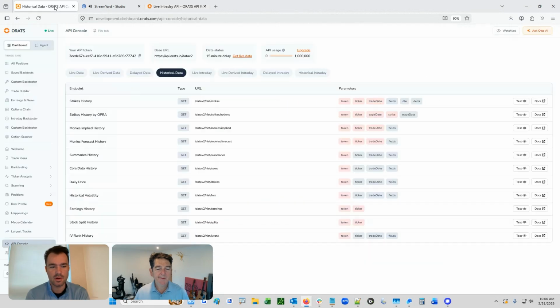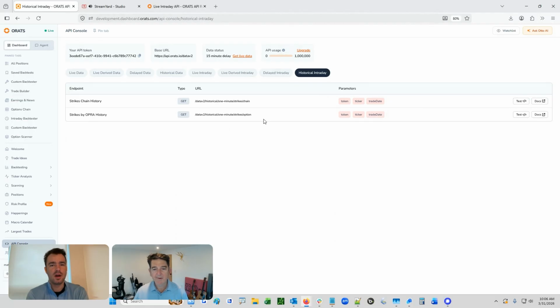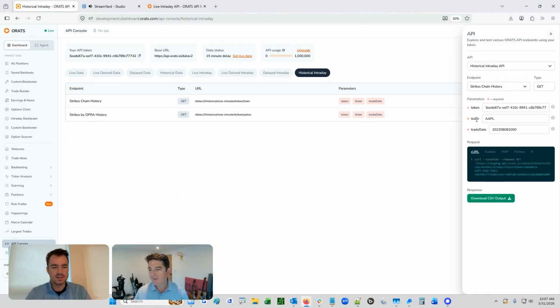You can also query it in the 1 minute data API, and that's usually better for a lot of use cases because storing all that 1 minute data can cost thousands of dollars. If you're adding up the storage costs of S3 or the egress fees, it can get really expensive. So storing that data in bulk is really expensive.